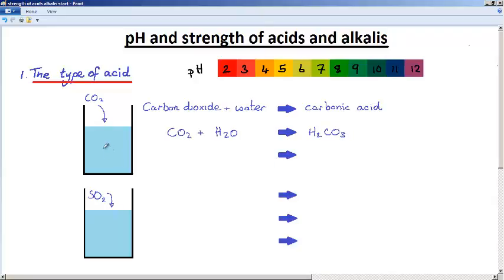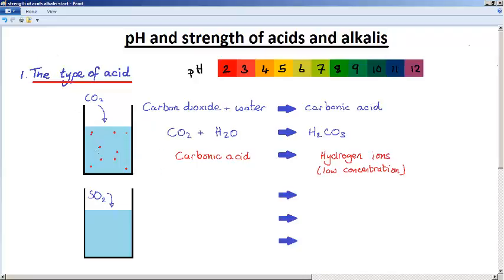Now when carbon dioxide bubbles through the water, some of it dissolves but not all of it, and the resulting acid is quite a weak acid. That means that carbonic acid produces a small concentration of hydrogen ions, a low concentration. We can represent those hydrogen ions in the acid with these little red dots. So you can imagine symbolically that represents a low concentration of hydrogen ions.